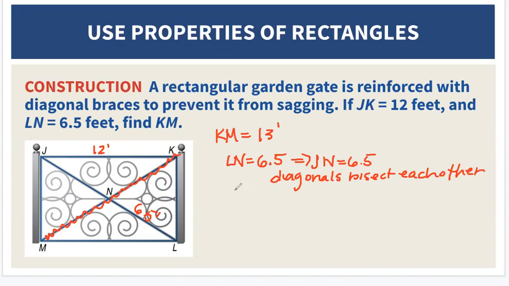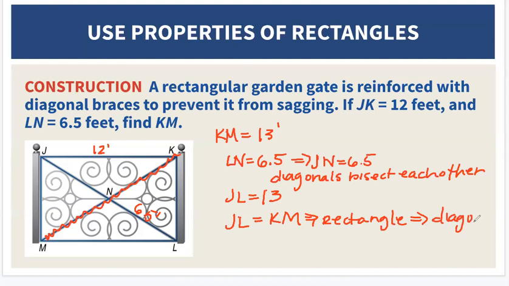So that means that JL is equal to 13. We just did that with a little math, right? All right. Then we know that JL is equal to KM because it's a rectangle. And in a rectangle, the diagonals are congruent. So then that means that KM would also be equal to 13.